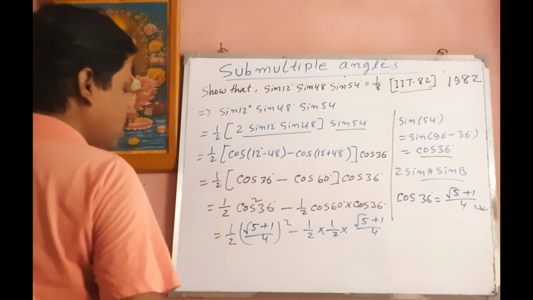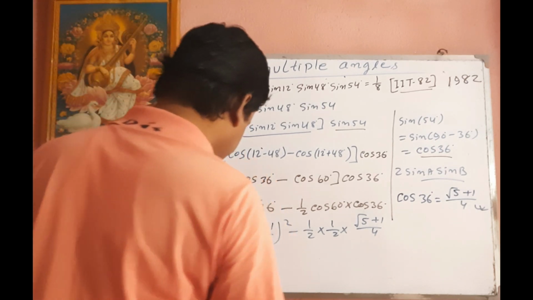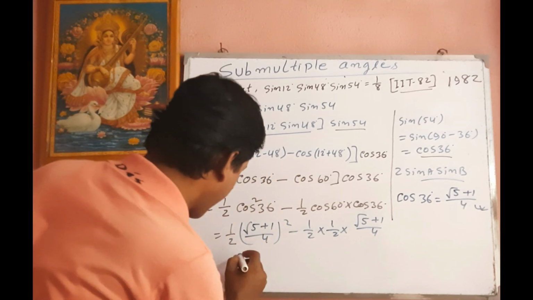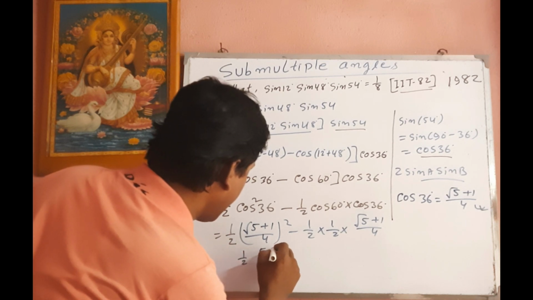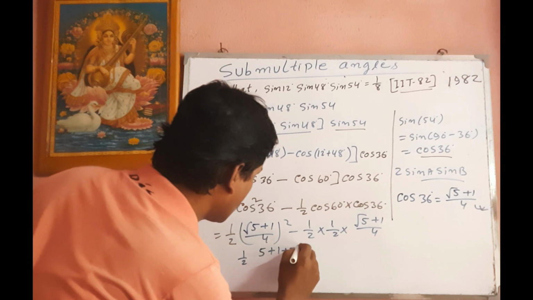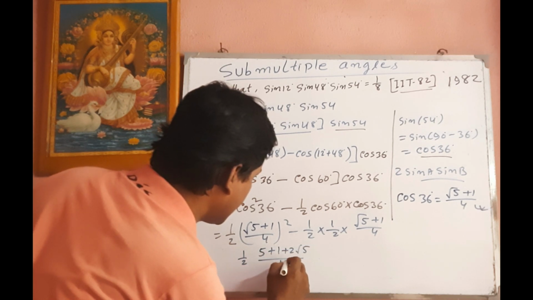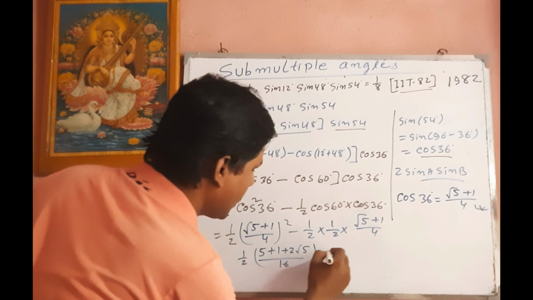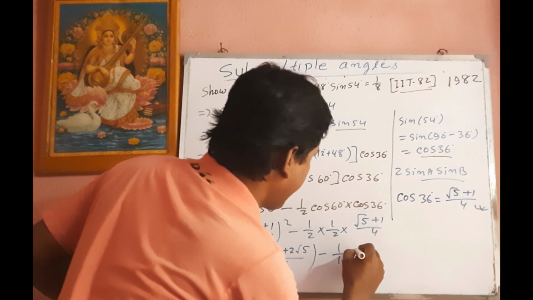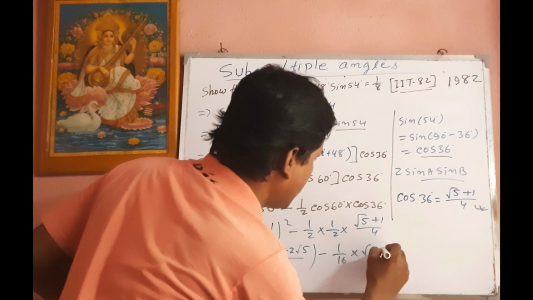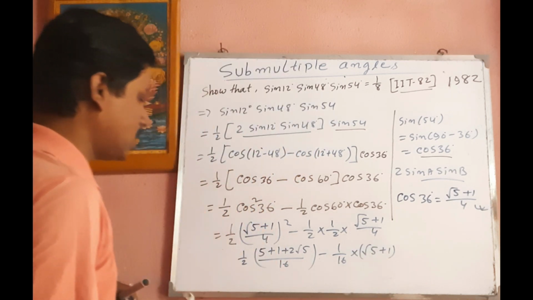Now after calculating, we get 5 plus 1 plus 2 root 5 divided by 16, and 1 by 16 multiplied with this one.